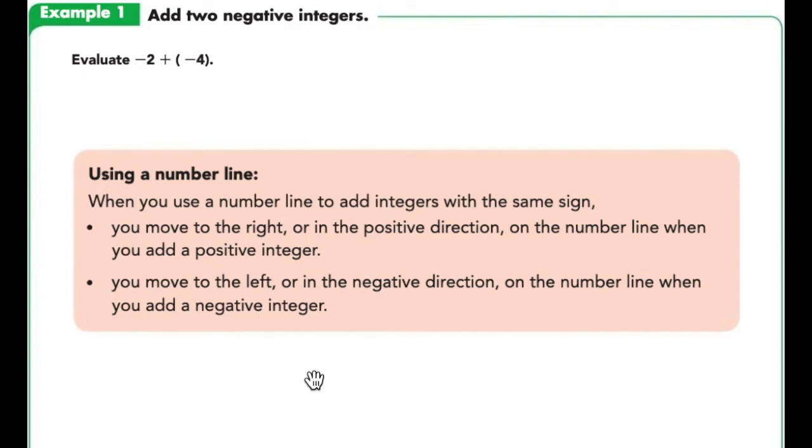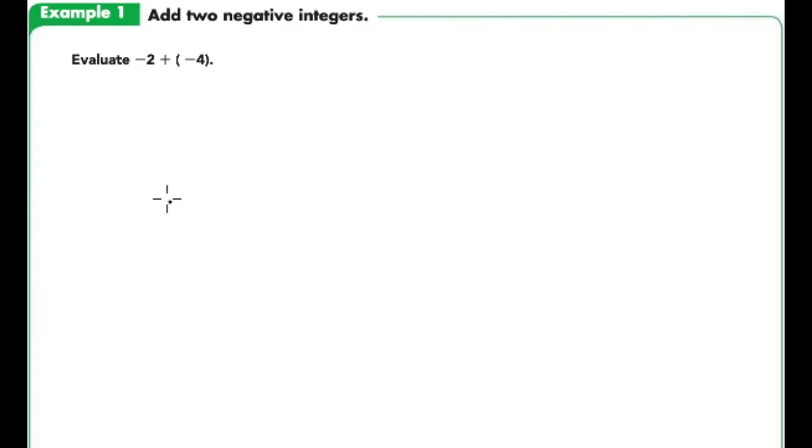For our last method, we're going to use absolute values. So we're going to take the absolute values of each integer, and the absolute value of -2 is 2, and the absolute value of -4 is 4.